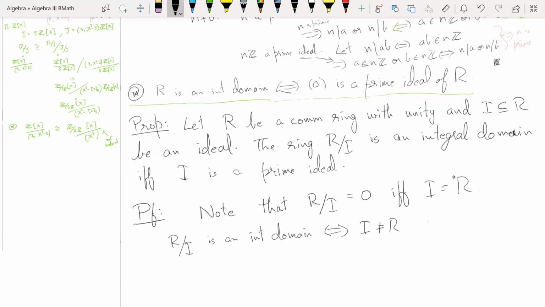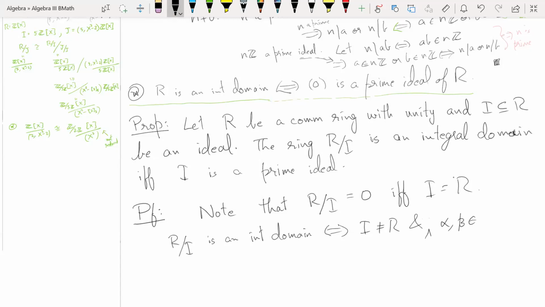So I'll write it this way. Instead of writing a plus I, I'll use the A bar and B bar notation. Or maybe let's just use alpha and beta.